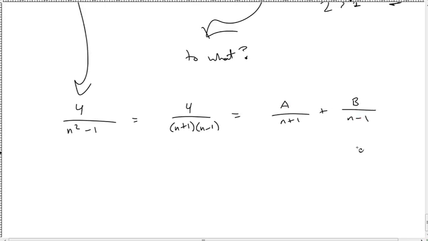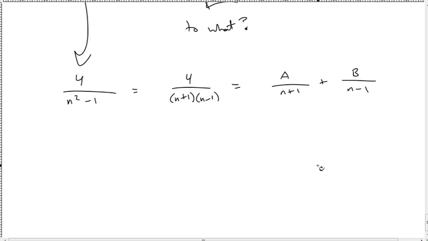I just want to make sure that you're understanding where I'm going with this. So I split them up. I got an A and a B. And so then I say 0n plus 4, again at the top, is equal to A times n plus 1, B times its opposite. I messed up. Sorry, opposites would be this guy here.